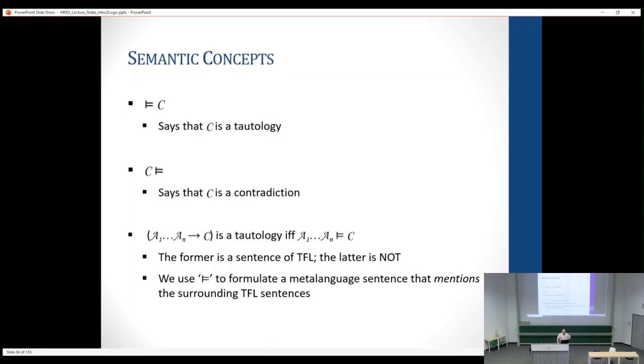Now, the other fun thing, and this comes back to the question we had earlier. When we think about our double turnstile, the double turnstile holding tells us that there's a conditional that is a tautology. The conditional that's a tautology is going to be one where we have the conjunction of the premises, A1 through AN, as our antecedent, and then C is our consequent.